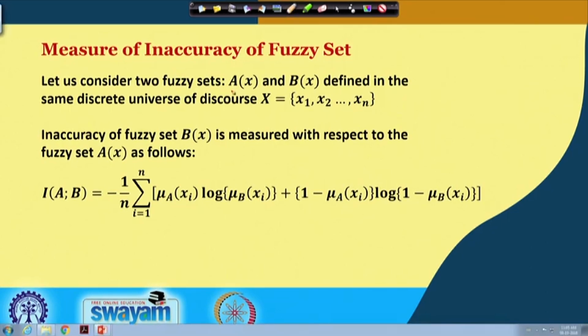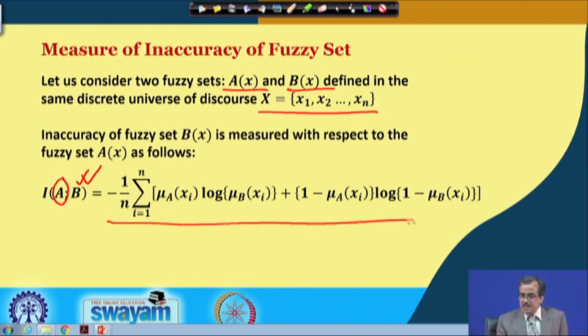Supposing that I have two fuzzy sets A(x) and B(x) defined in the same universe of discourse, and I want to find the inaccuracy of the fuzzy set B with respect to the fuzzy set A. Mathematically this can be expressed as minus 1 by n, summation over i of mu_A(x_i) log of mu_B(x_i), then 1 minus mu_A(x_i) log of 1 minus mu_B(x_i).